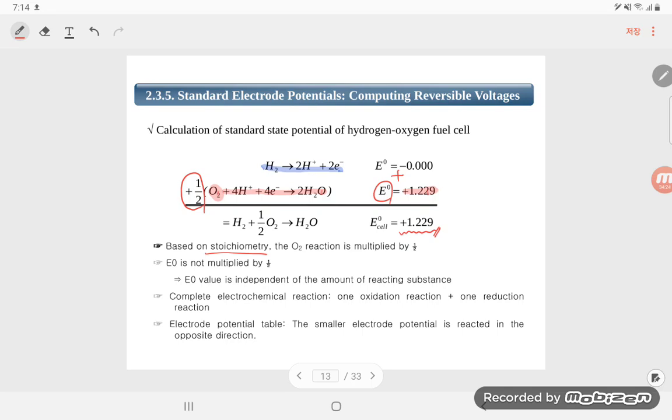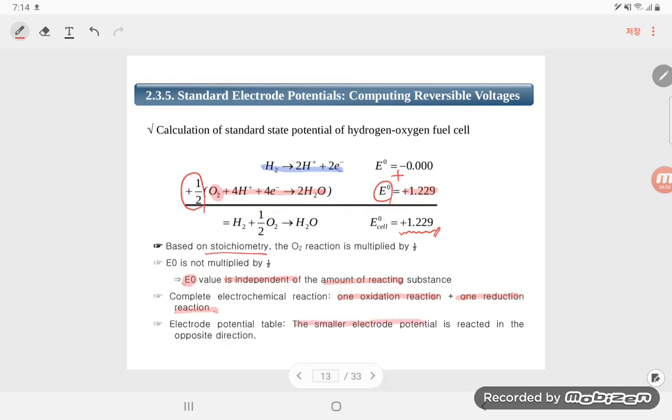Okay, E0 value is independent of the amount of the reacting substance. The voltage is independent of the amount of reactant, right? So one oxidation reaction, one for the reduction reaction.